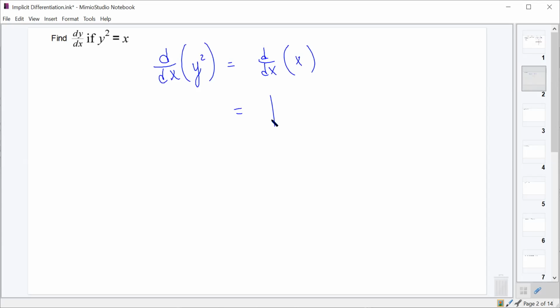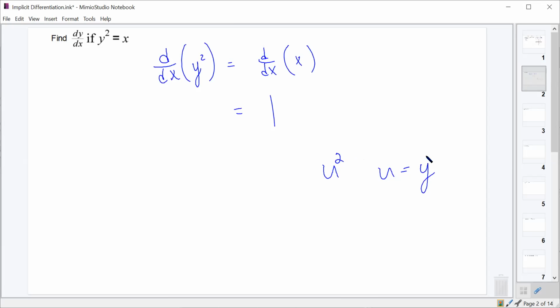We could say that this should be, let's say, u squared with u equal to y. Now, that doesn't sound like it's going to be super helpful to us, but it is.